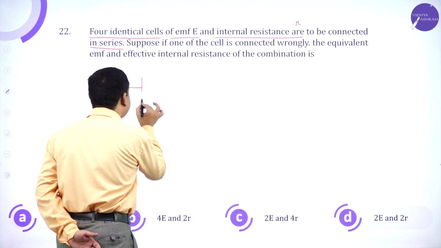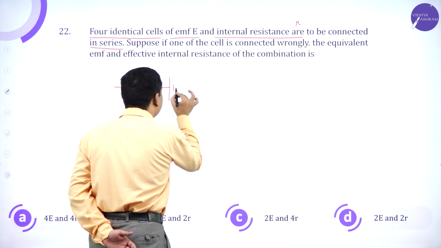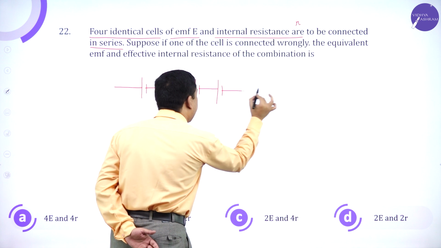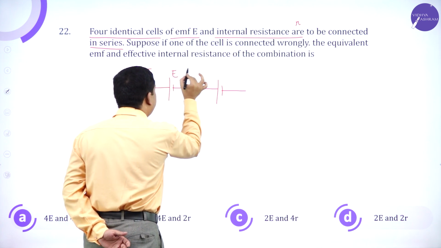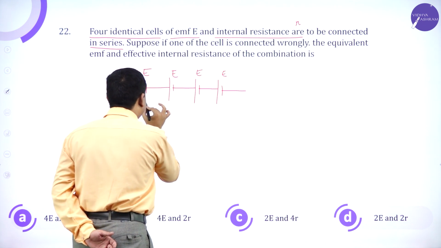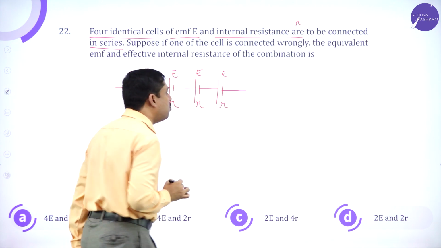So in the first case, there are 4 cells, identical cells, which have EMF E and internal resistance as small r.